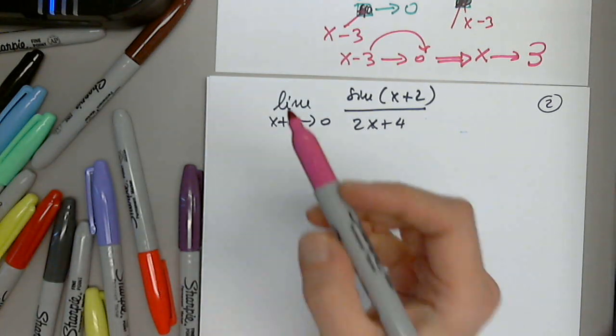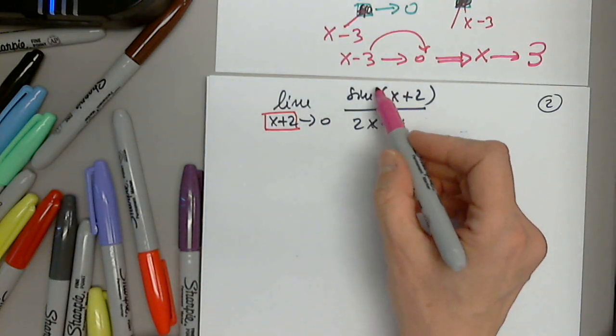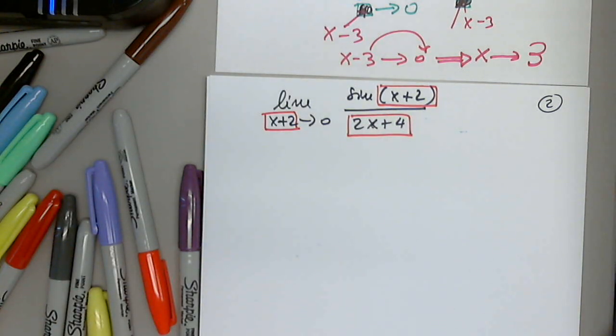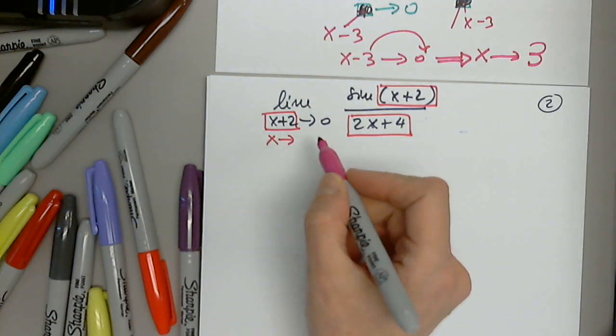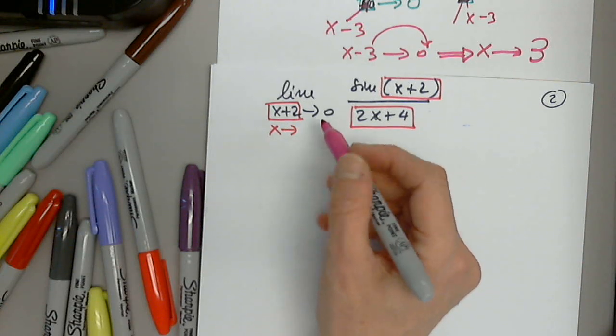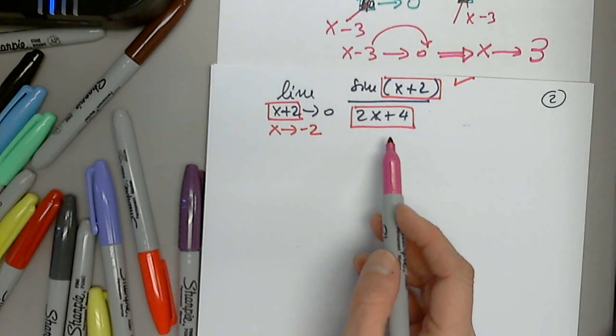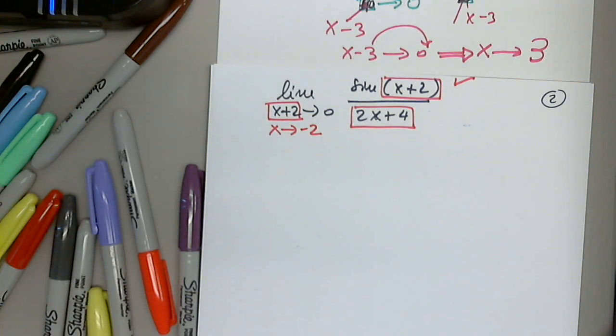As long as I make these 3 pieces the same, then I will write that the answer is 1. But I can't write it yet, right? This is basically x approaching what? This is okay, but this one is not. What is the only thing we can do to 2x plus 4?